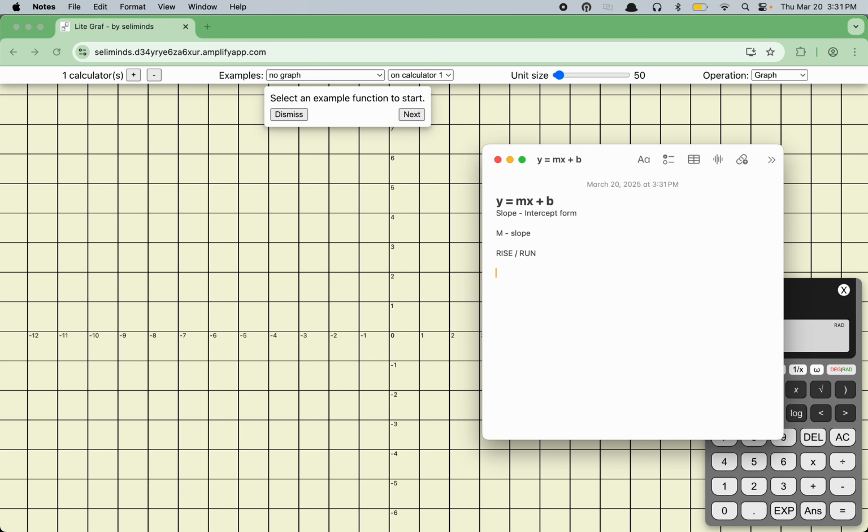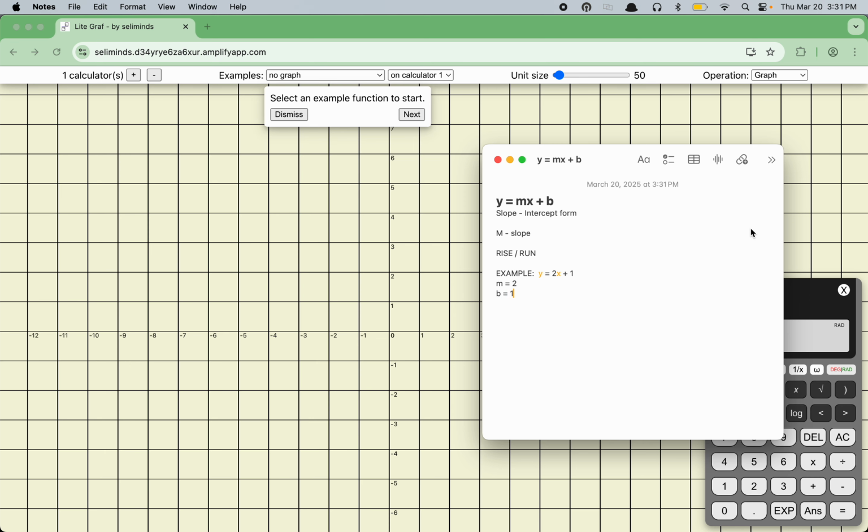So we're going to try an example equation here. Let's say y equals 2x plus 1. Okay, so in this equation, we can say that m is equivalent to 2 and b is equivalent to 1.